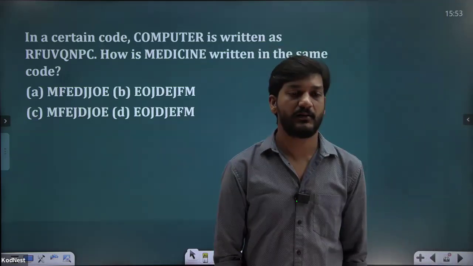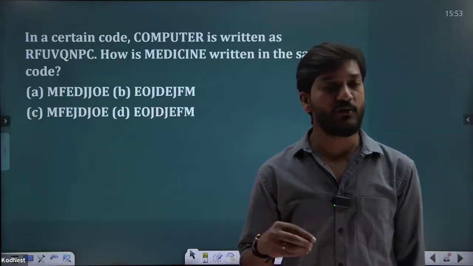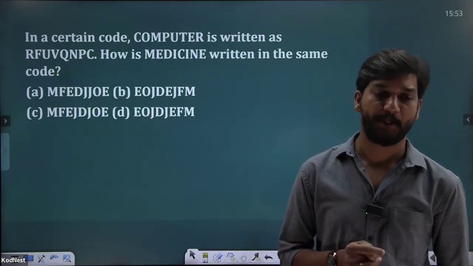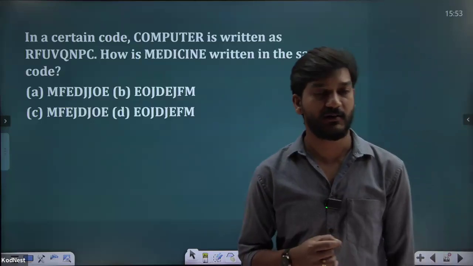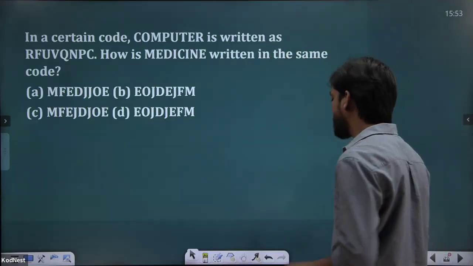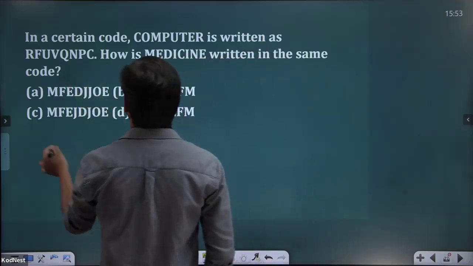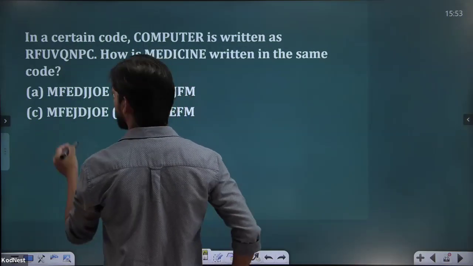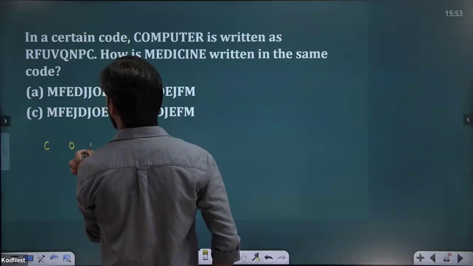All right. So how is the pattern coming out? Is it forward or reverse? What is it? Forward or reverse? Okay, reverse. So we are having computer.